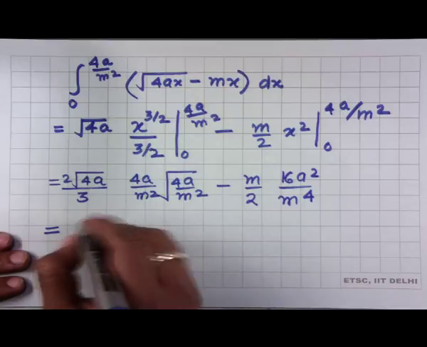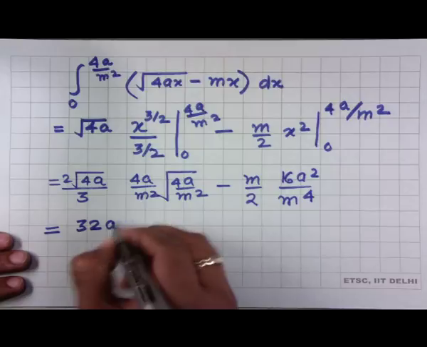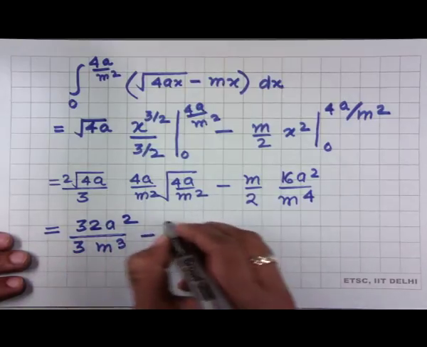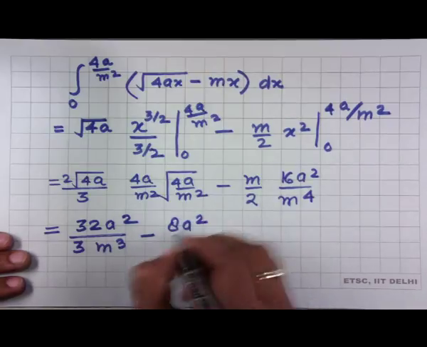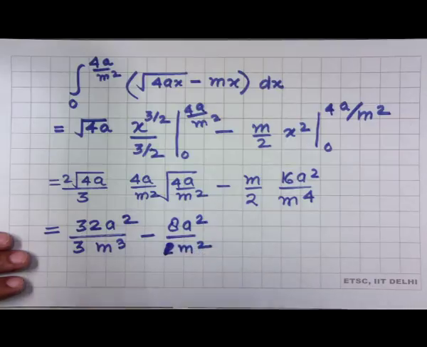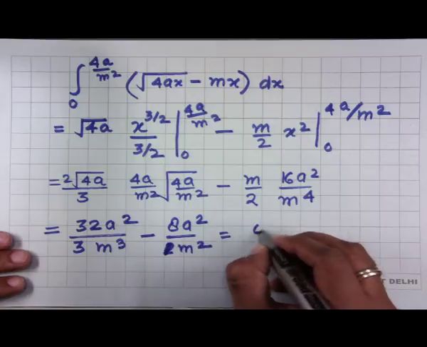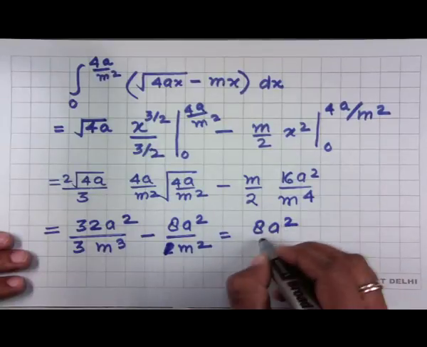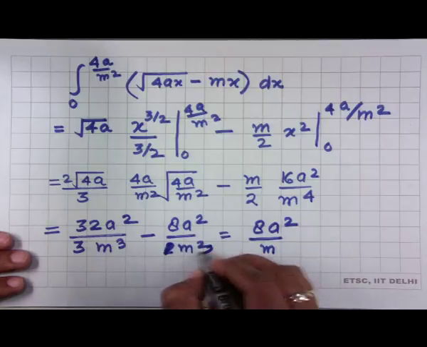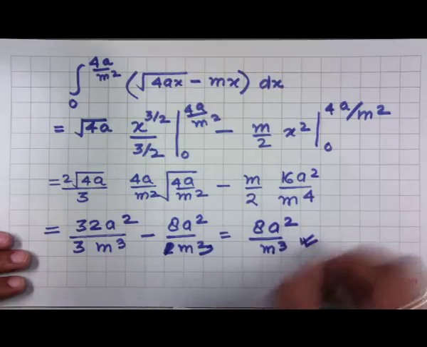So, we get 32a square by 3m cube minus 8a square by m cube, sorry, 8a square by m cube. So, 8a square by m cube is the final answer.